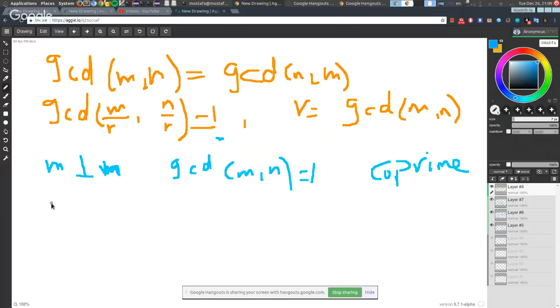And if the GCD between M and N is equal to R, then R divides any linear combination of M and N.